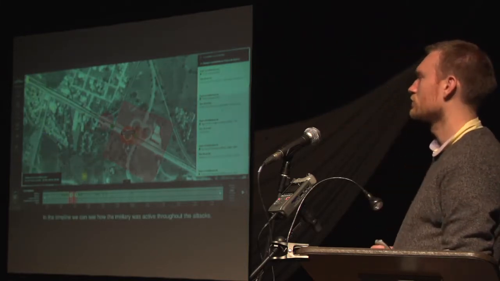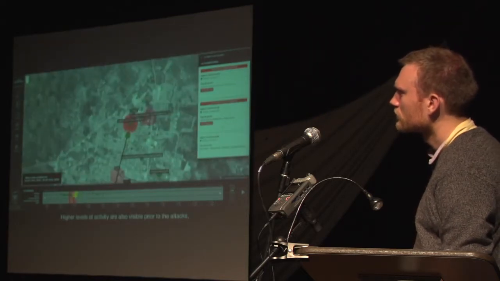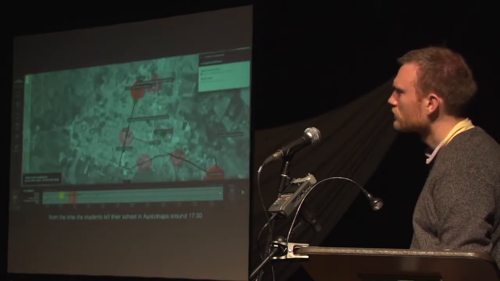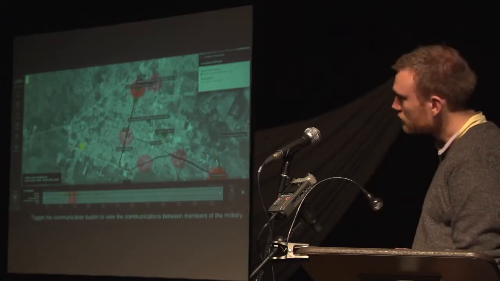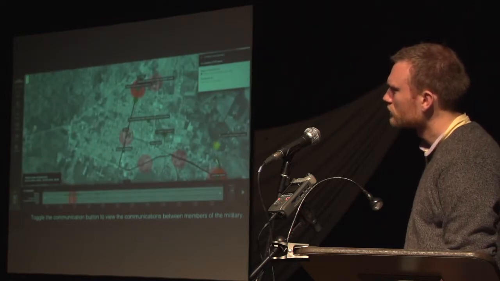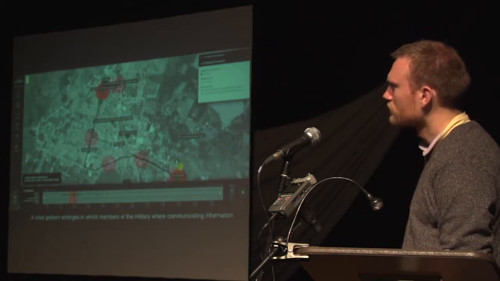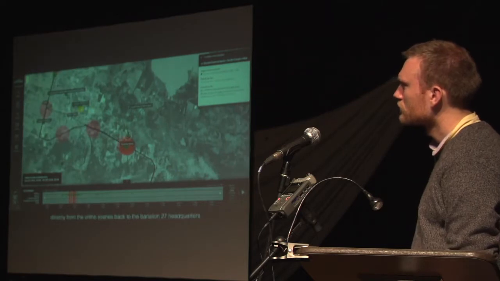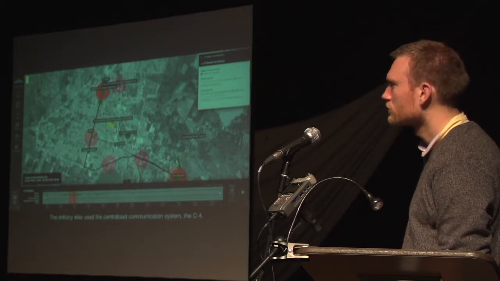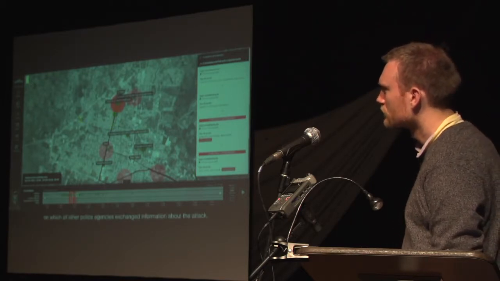En la línea de tiempo, podemos ver cómo el ejército estuvo activo mientras se desarrollaban todos los eventos. Los más altos niveles de actividad también son visibles antes de los ataques, desde la hora en que los estudiantes salieron de la normal de Ayotzinapa, alrededor de las 17:30 horas. Active el botón de comunicaciones para ver las llamadas, reportes y otras comunicaciones entre los miembros del ejército. Claramente emerge un patrón, en el que los militares enviaron información directamente de las escenas del crimen al cuartel del Batallón 27. El ejército también usó el Sistema Centralizado de Comunicaciones C4, a través del cual otras agencias de seguridad intercambiaban información sobre el ataque.